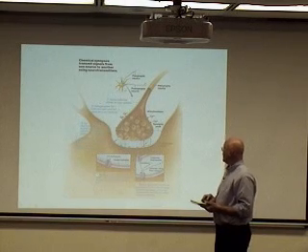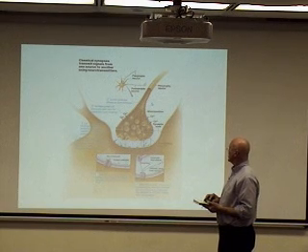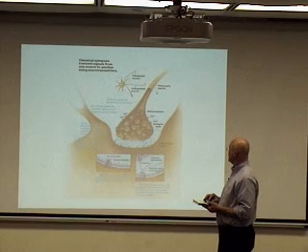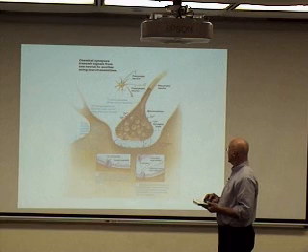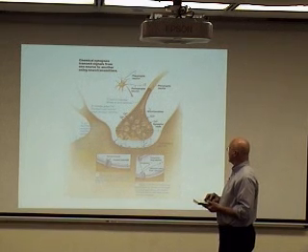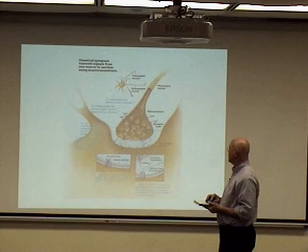So here we're going to take a look at all the events. There's going to be an action potential traveling down the presynaptic neuron. Here's the presynaptic neuron. This is the postsynaptic neuron. When the action potential gets to the axon terminal, it will open voltage-gated calcium channels. Calcium will enter. Calcium will cause the exocytosis of these synaptic vesicles that contain neurotransmitter.